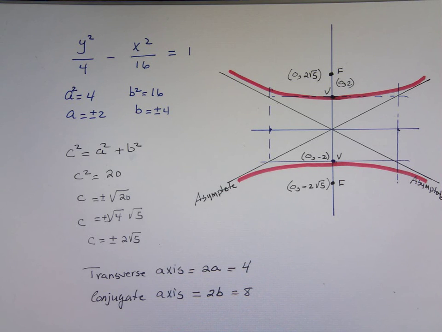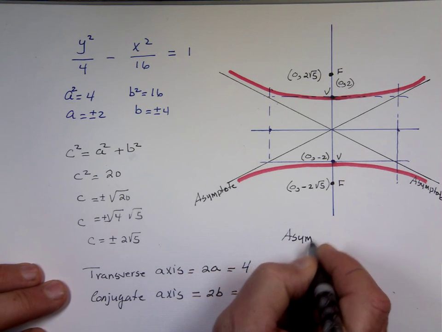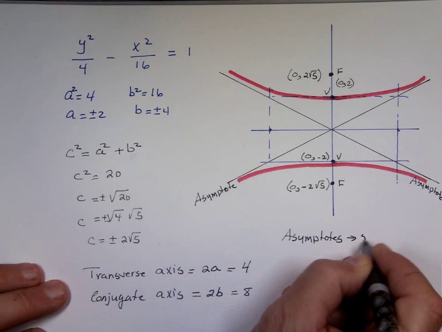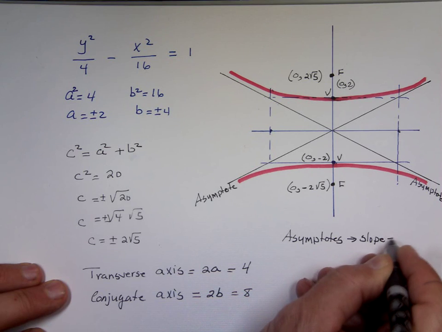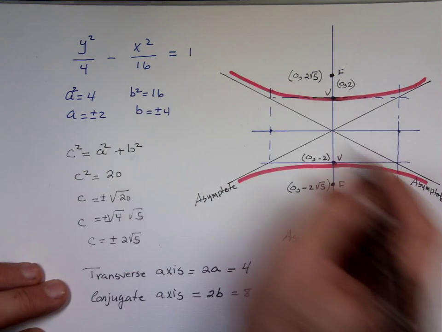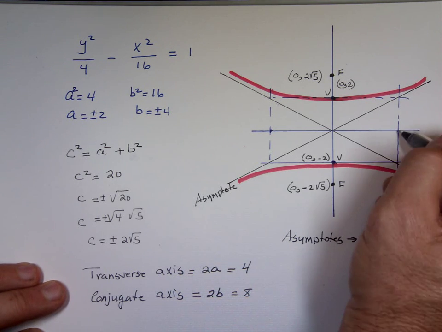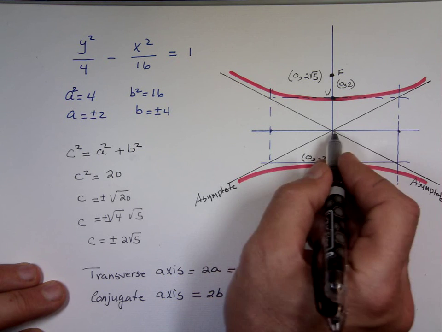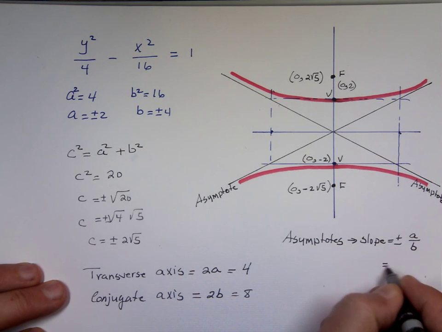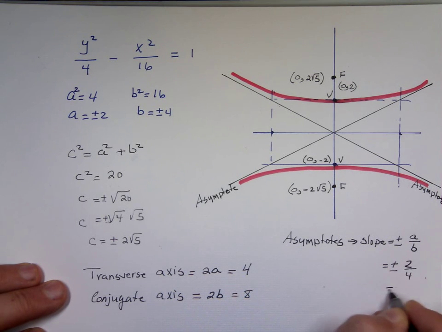You want the slope of these asymptotes? You want the slope of them? One is going to be positive, one is going to be negative. Notice this one is positive, this one is negative. It is the rise over the run. The rise is A here, the run is B in this example. So it's plus or minus 2 divided by 4, which is what? 1/2.